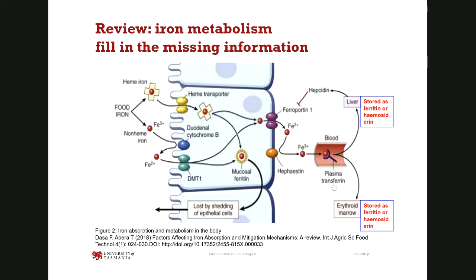So that's the plasma iron transport protein, and it is as transferrin that iron is carried to the erythroid marrow and also to the liver, where it is stored as ferritin or as hemosiderin, and also to other cells in the body, because most cells in the body use iron in some form or another.